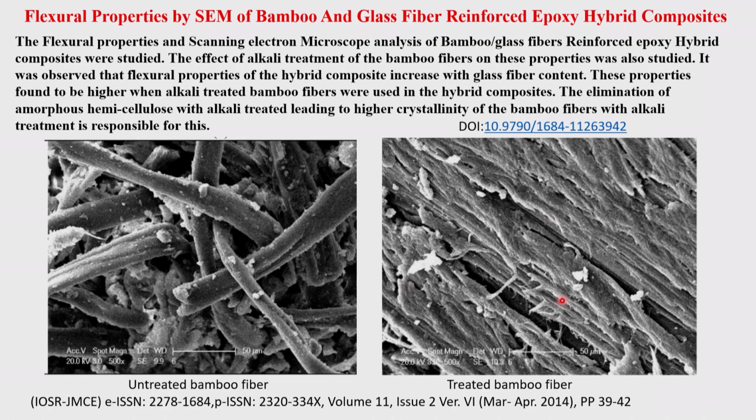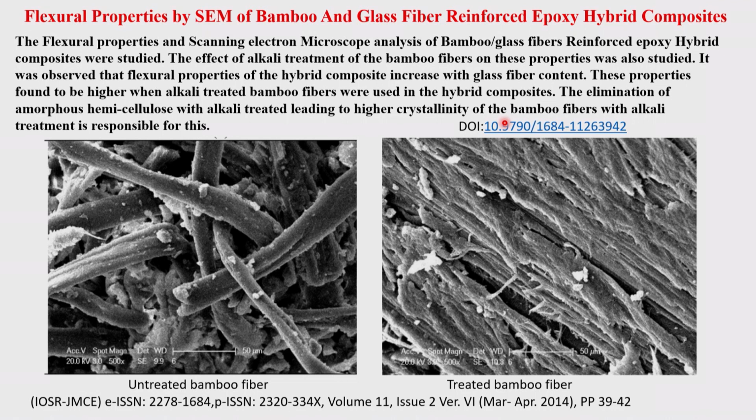And the flexural properties of hybrid composites increase with glass fiber content. It also increases with the bamboo fiber components, but those which are treated with the alkali. So these properties were found to be higher when alkali treatment of the bamboo fibers was used in the hybrid composites. The elimination of the amorphous hemicellulose with alkali treatment, leading to higher crystallinity of the bamboo fibers, is the one which is responsible.